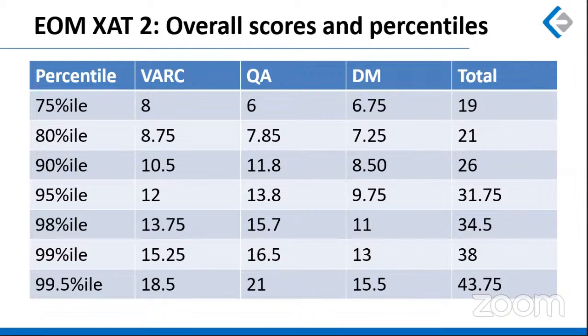Say for example, if you are scoring 25 marks, you can always look at the range. 21 is 80. Can you see this? 26 is 90, and if your score is 25, you can apply linear interpolation. So you can say that my 25 should be somewhere around 88 percentile. This is how you can find out your approximate percentiles.